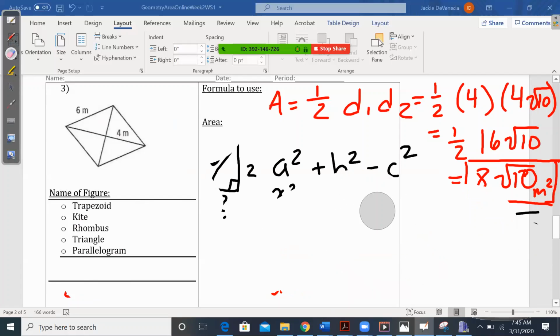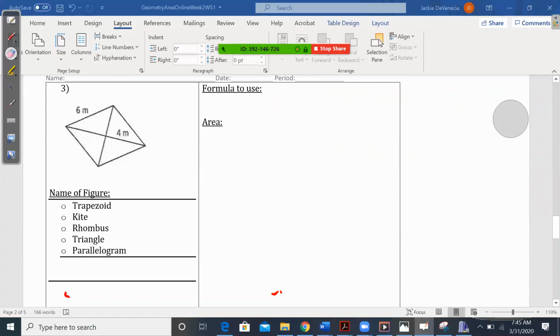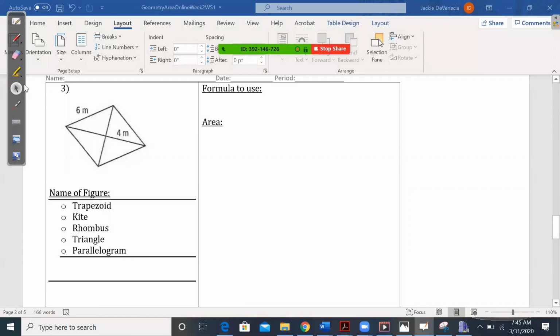So that was one example. But let's say instead of having this, we had a rhombus where we knew our diagonals.